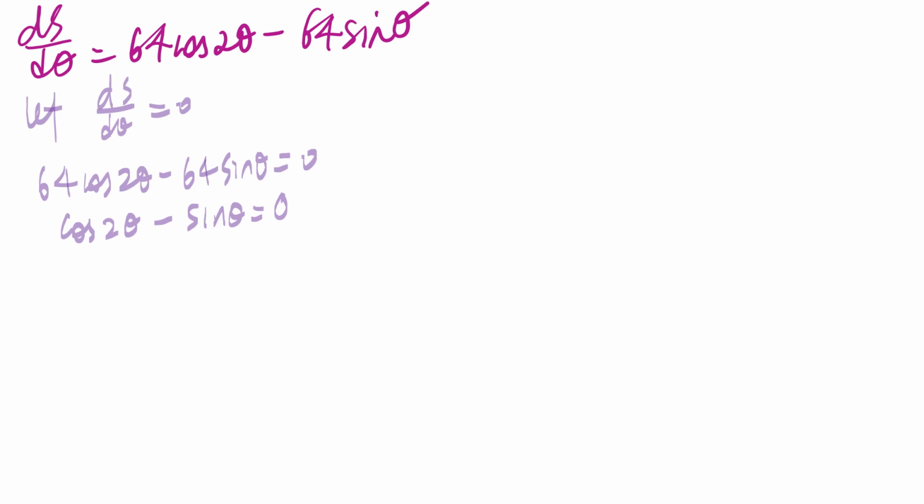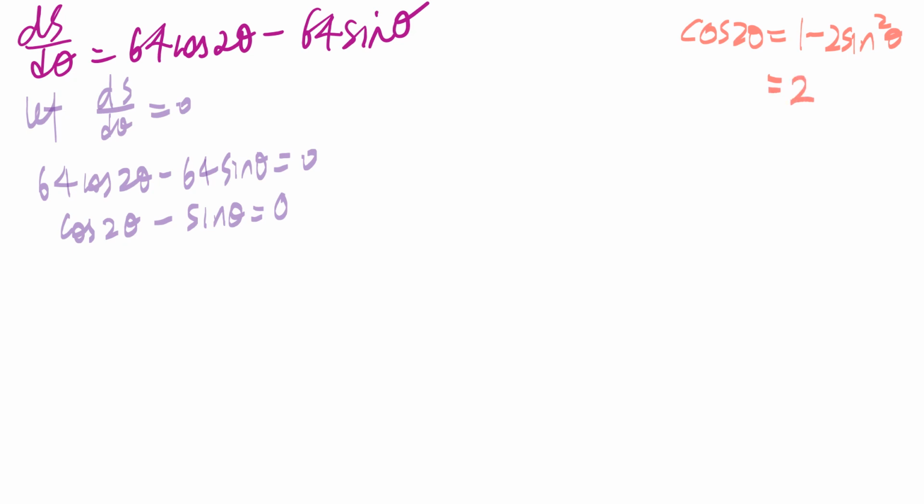We can't solve a trigo equation where there are two different trigo functions. We have to convert it into one single trigo function. So this again is a concept of your trigo, the double angle formula. Recall that there are three different formulas for cosine 2 theta. One of them is 1 minus 2 sine squared theta.